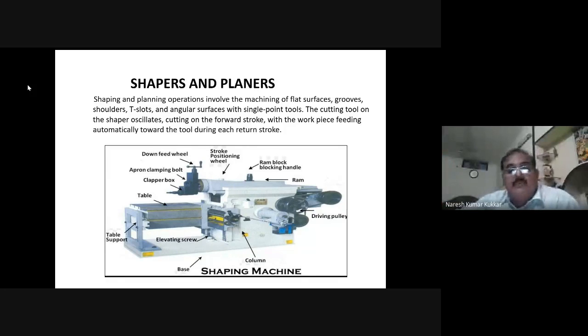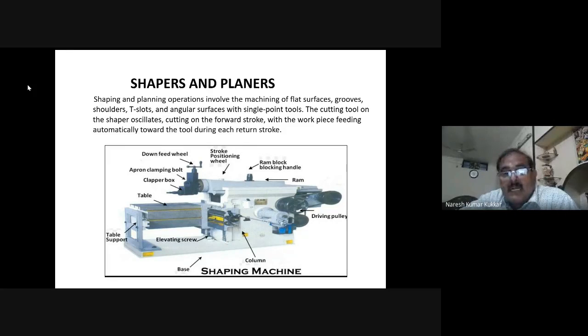Here there is a fixed table where the workpiece is placed, and this stroke positioning wheel moves. There is a basic column below this, and a running pulley.